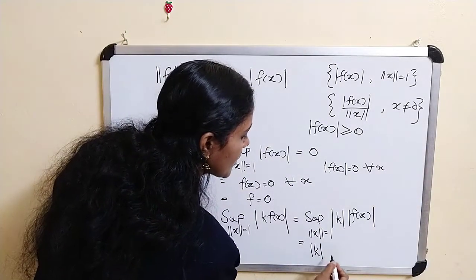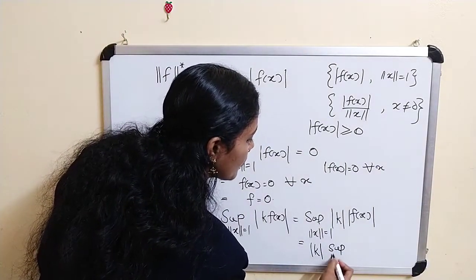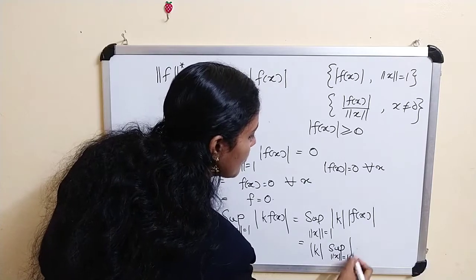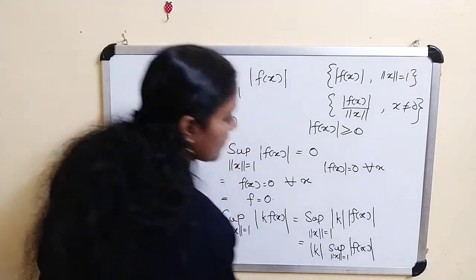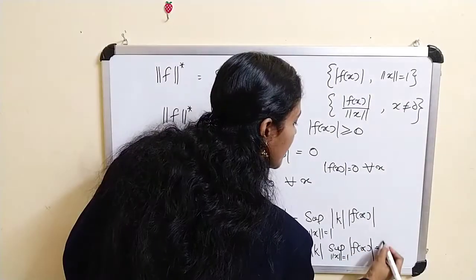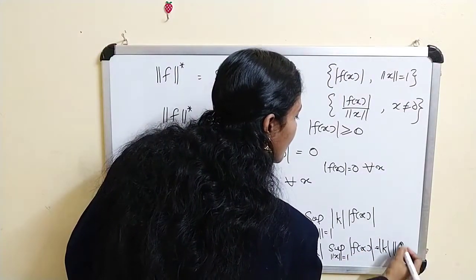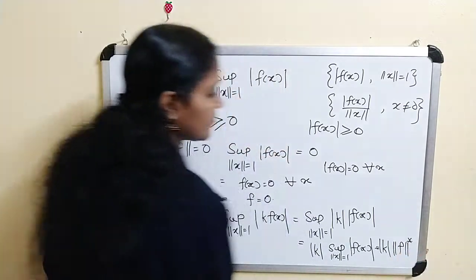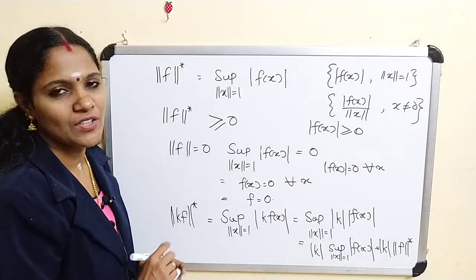This is the same as modulus of k into the supremum over norm of X equal to 1 of modulus of F of X. Therefore, this is equal to modulus of k into norm of F. So the second condition also holds.